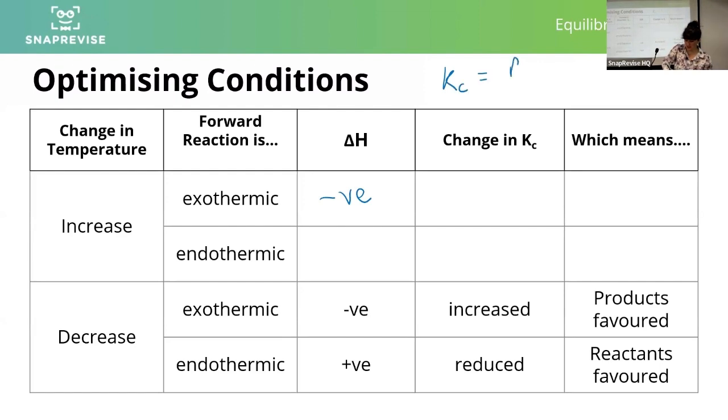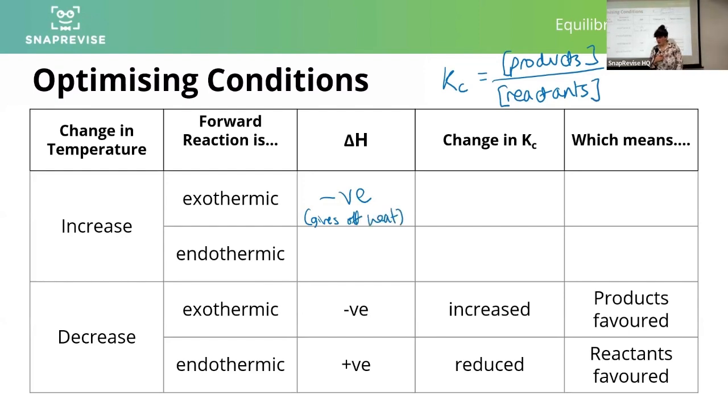Kc is products over reactants. Concentration of products over concentration of reactants. If it's exothermic, it's giving off heat. The forwards reaction is giving off heat energy. So if we increase the temperature, the position of equilibrium is going to adjust to decrease the temperature again.